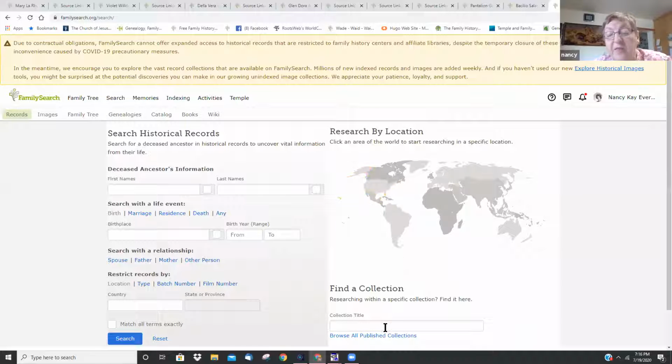It also gives me the option to go down here where it says find a collection and type something in. I could type in New Mexico birth records, and it would give me the option to fill out this, which is called a template, to fill out these squares, these rectangles, about what I wanted to find in the New Mexico birth records.